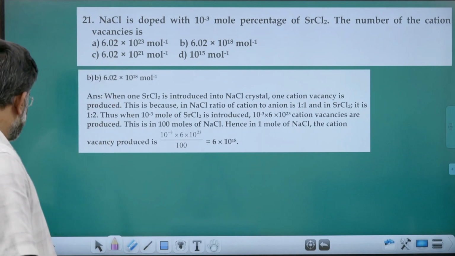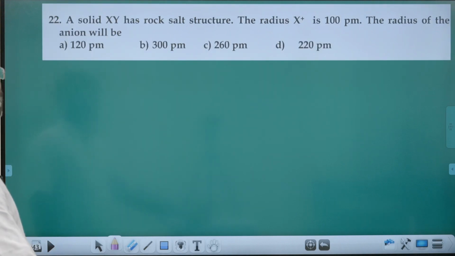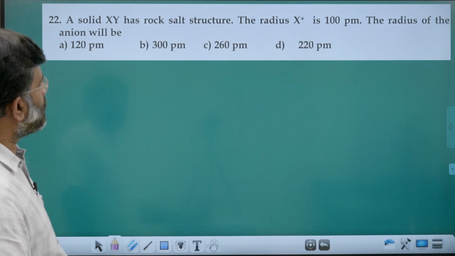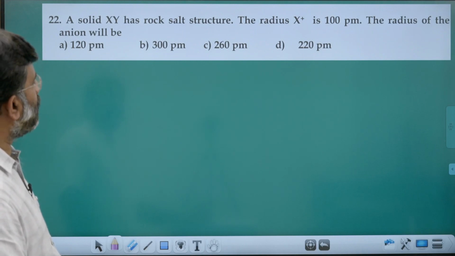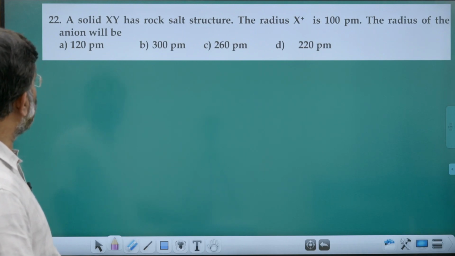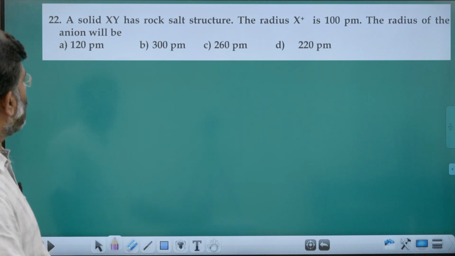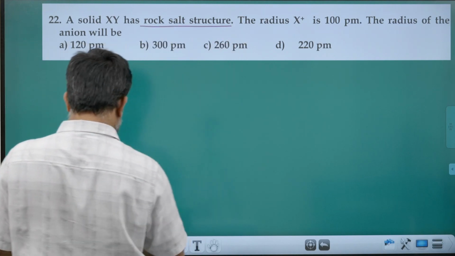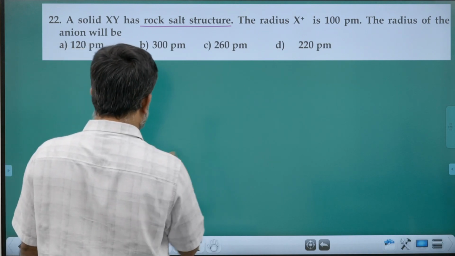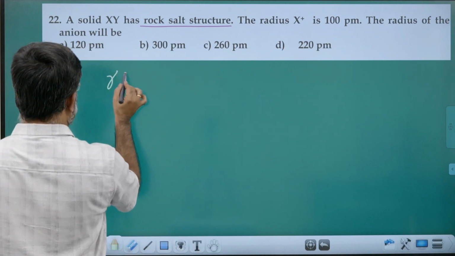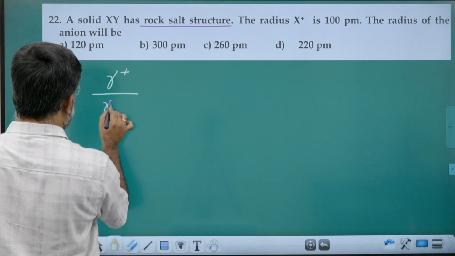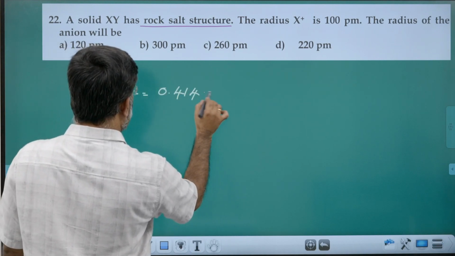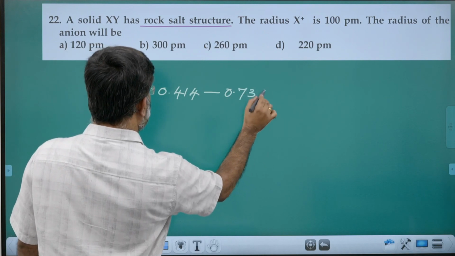Option B. Next. A solid XY has rock salt structure. The radius X plus is 100 picometer. Radius of anion will be. All of you learnt for a rock salt structure, it is octahedral arrangement and the radius ratio comes out to be R plus by R minus is equal to 0.414 to 0.732.